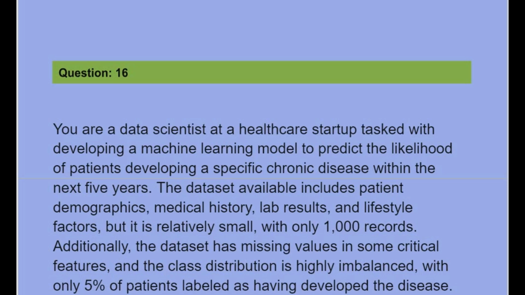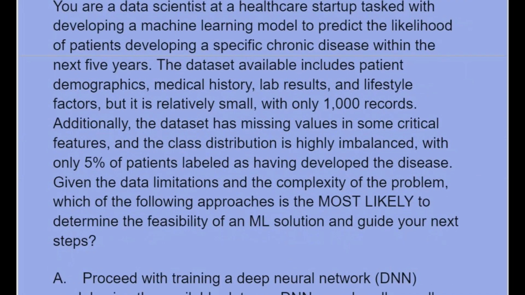Additionally, the dataset has missing values in some critical features, and the class distribution is highly imbalanced with only 5% of patients labeled as having developed the disease. Given the data limitations and the complexity of the problem, which of the following approaches is the most likely to determine the feasibility of an ML solution and guide your next steps?